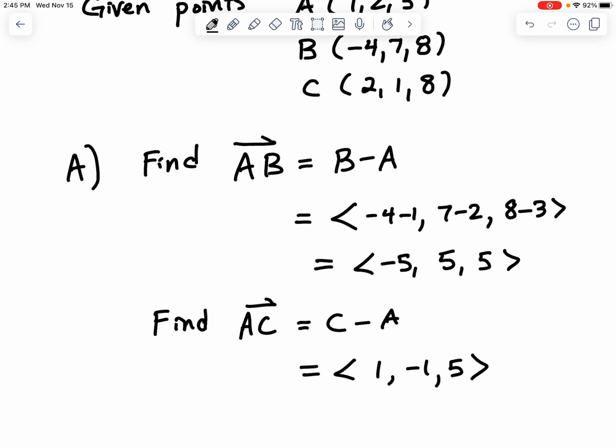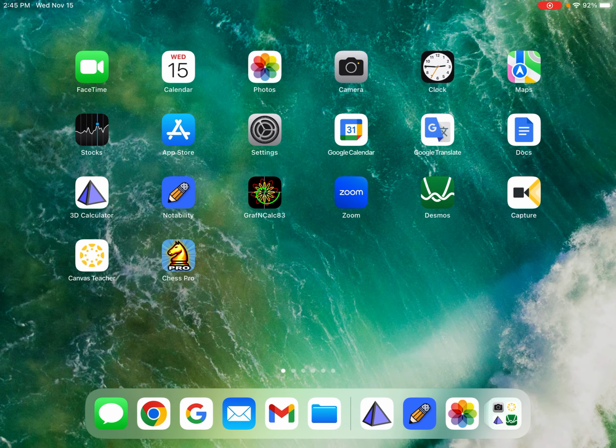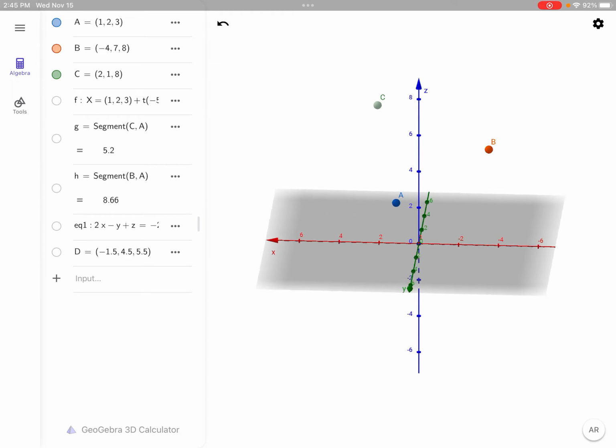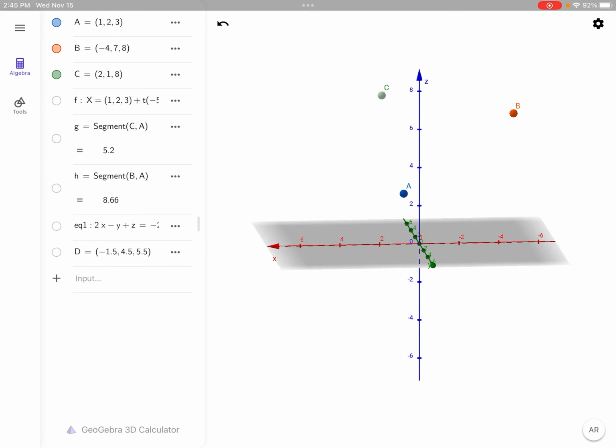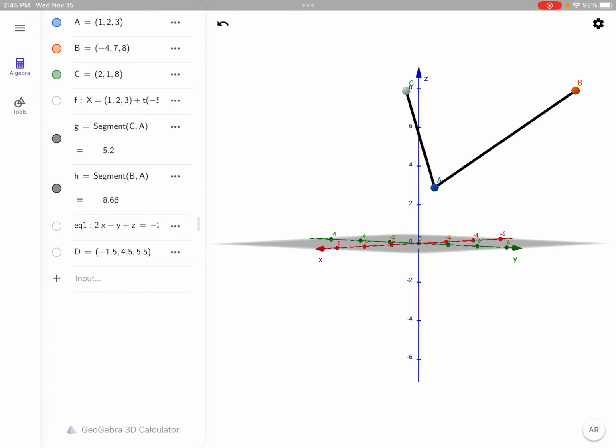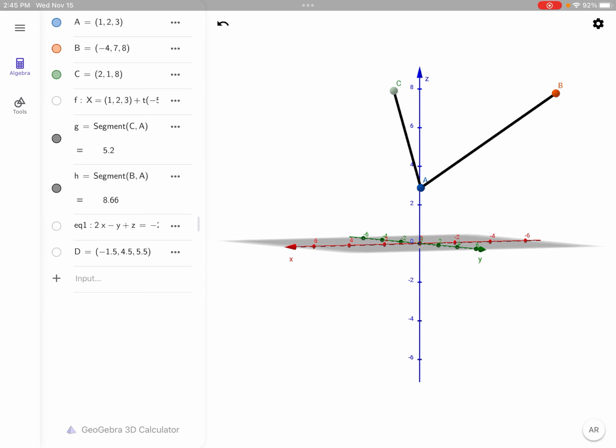And then I just want to visualize real quick. So I'm going to go over to the GeoGebra. And here's the points. A, B, and C. So you can see those. And then if I connect them, we're going to be finding angle A. And if I look at it like this, then to me that looks like it is going to be a little bit less than 90 degrees.